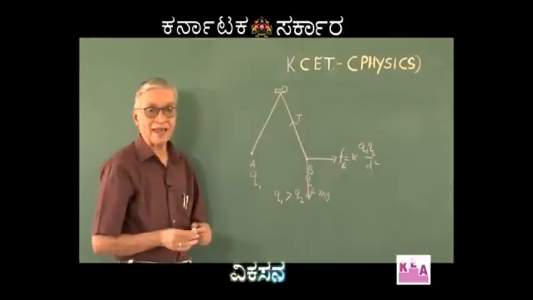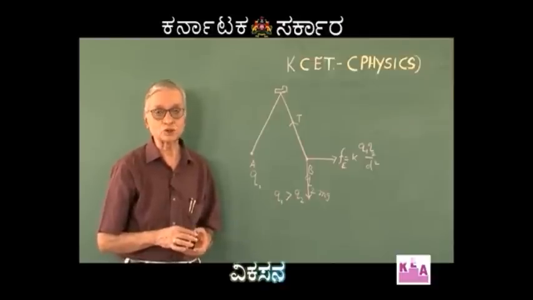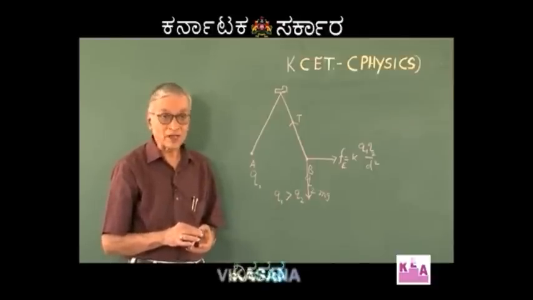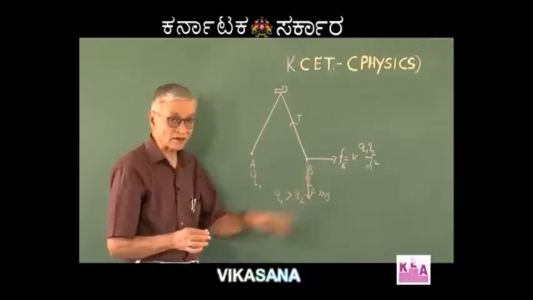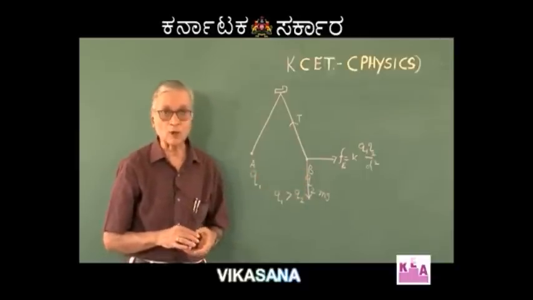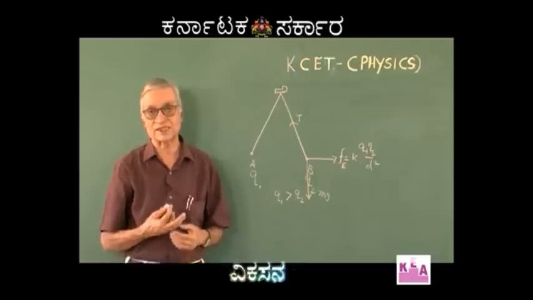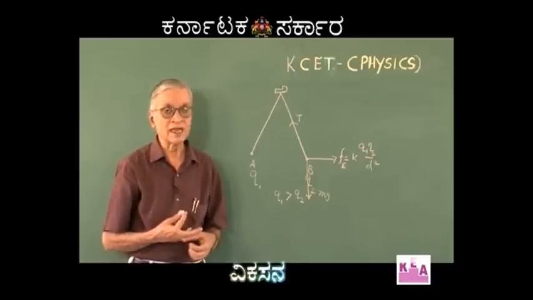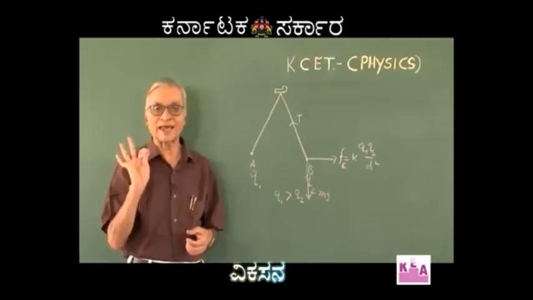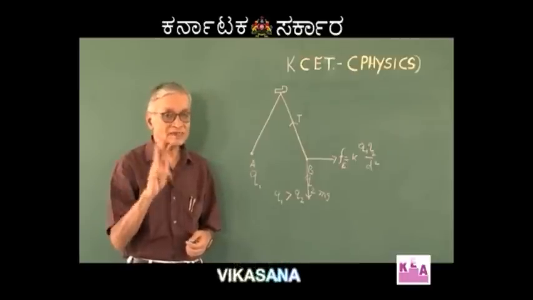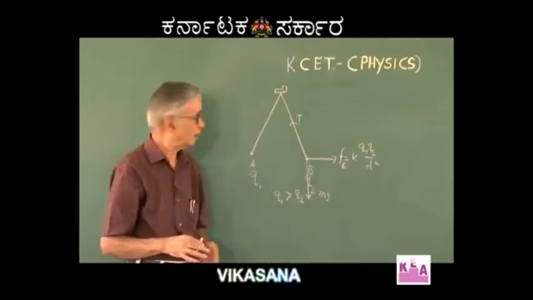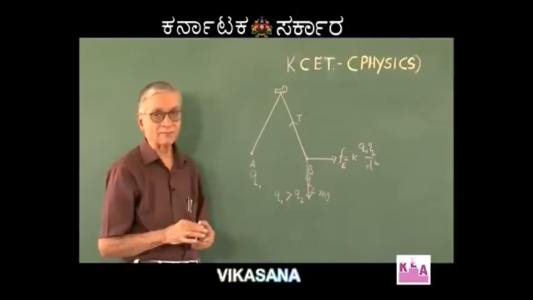By applying Lami's theorem, it can be shown that, because it requires a lot of time to show it, I don't want to go into the details of Lami's theorem. But nevertheless, I want to give you one formula, and that formula you must remember in order to work any problem of this type.